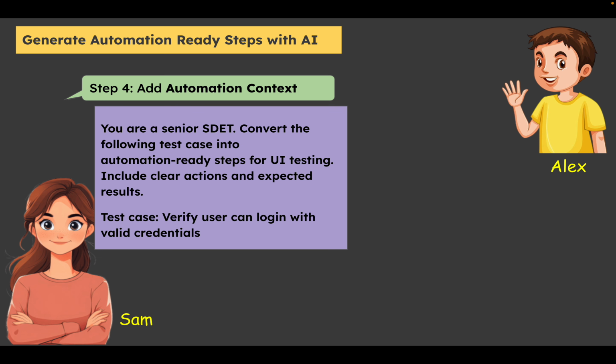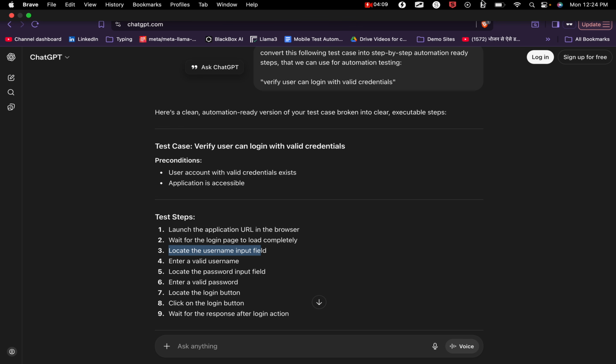Here we can also add the persona or role prompting. We can say you are a senior QA engineer or a senior SDET. Convert the following test into automation ready steps for UI testing, include clear actions and expected results, and this is our test case. Okay, let's just try this.